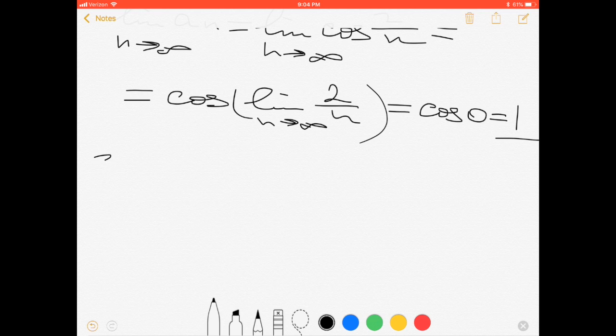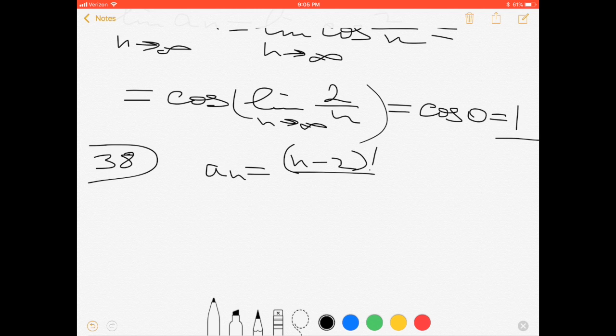Number 38. Here your sequence is a_n equal to n minus 2 factorial over n factorial. We can simplify it now, or you can simplify it. Okay, simplify it now. What do we have here?